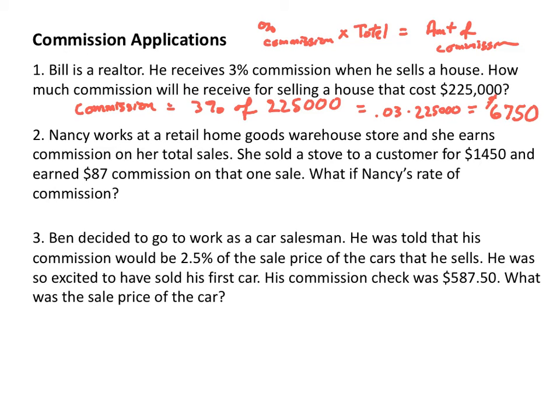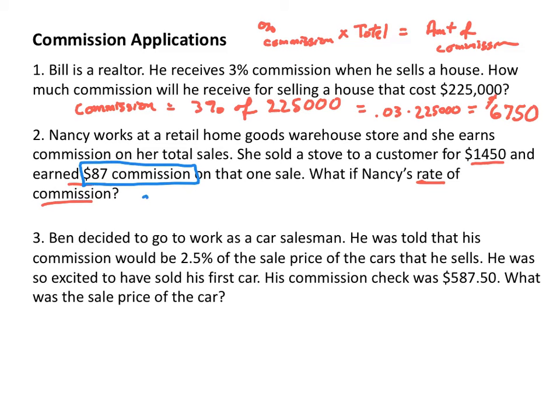Okay, Nancy works at a retail home goods warehouse store, and she earns commission on her total sales. She sold a stove to a customer for $1,450 and earned $87 in commission on that one sale. We're looking for her rate of commission on this one. So we're missing the percent. So if you recall before when I said we're missing a percent, sometimes I like to use a proportion. I would on this one because I have the amount that she earned in commission.